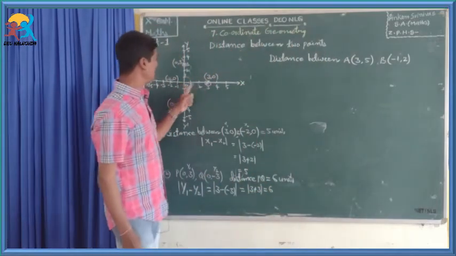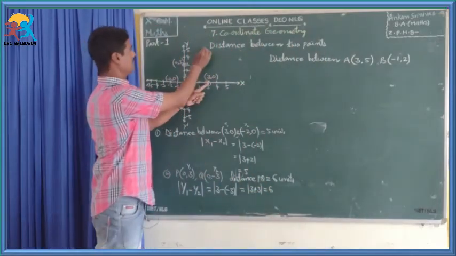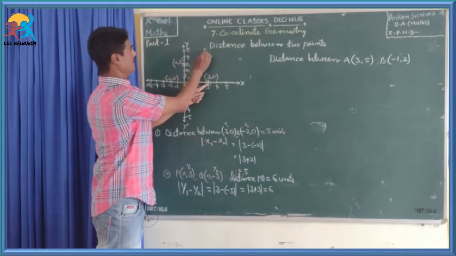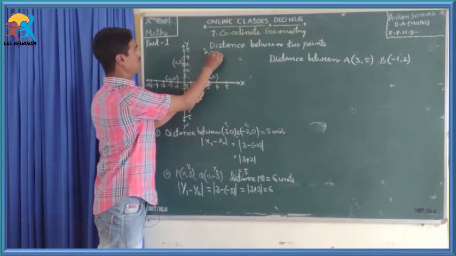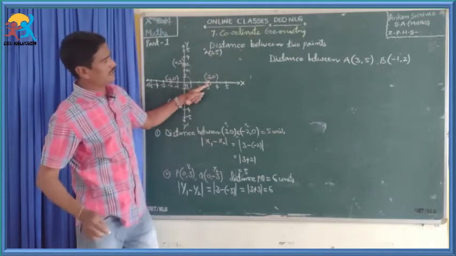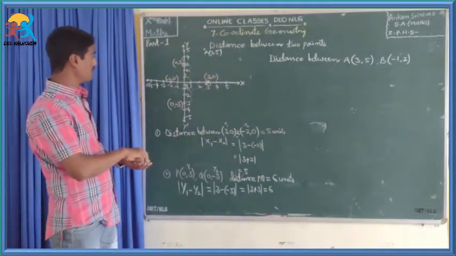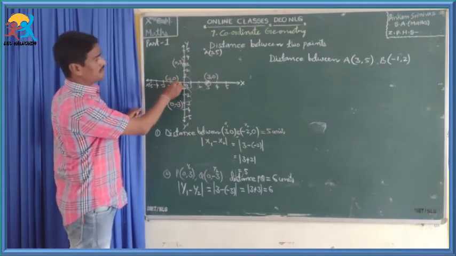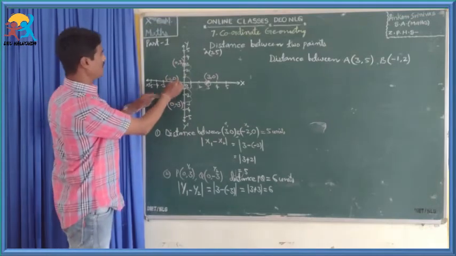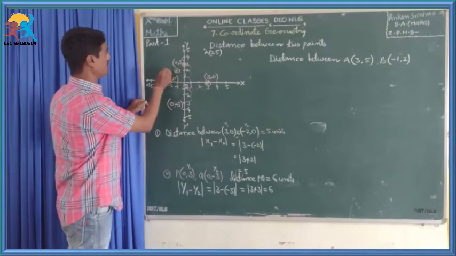Where is (3, 5)? The position of (3, 5) is here, A (3, 5). And where is the position of (-1, 2)? The position of (-1, 2) is here.